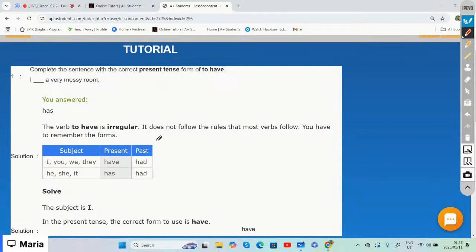Do I say I have? This is not the present tense form. Do I say I have or I had a very messy room? I have or I had a very messy room.